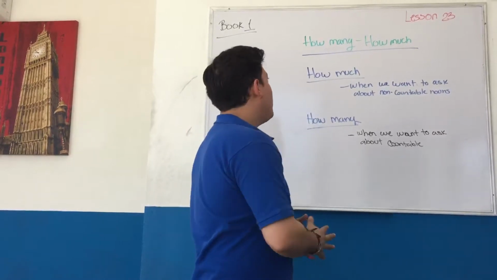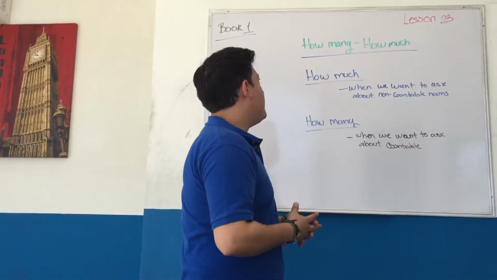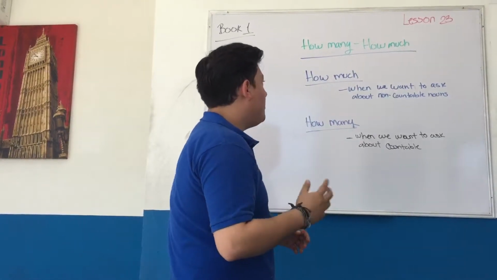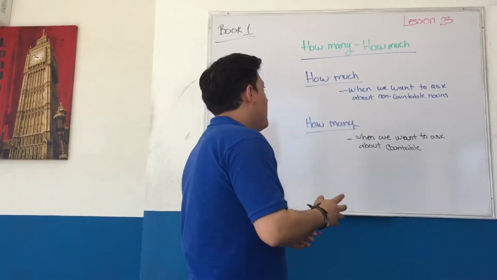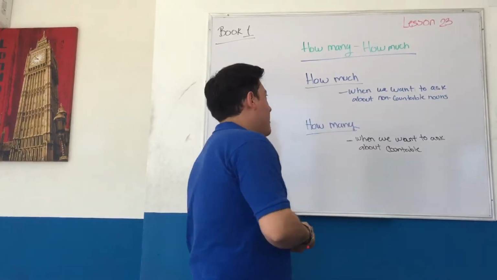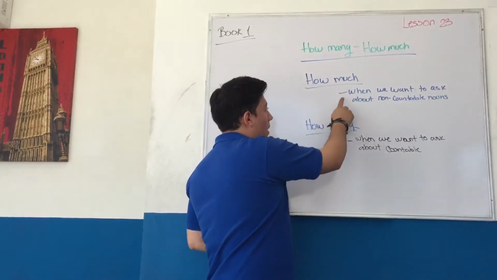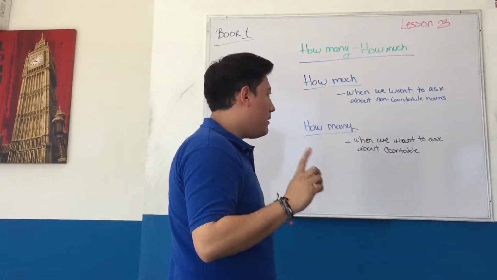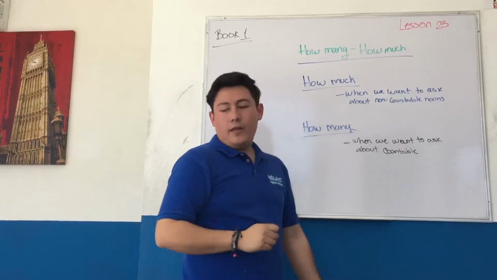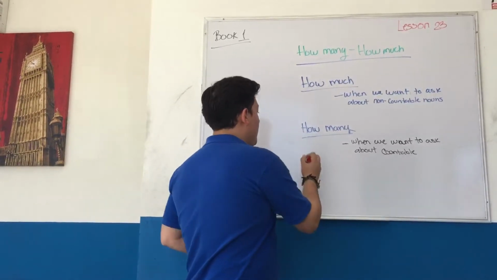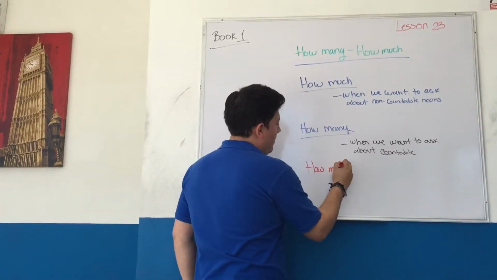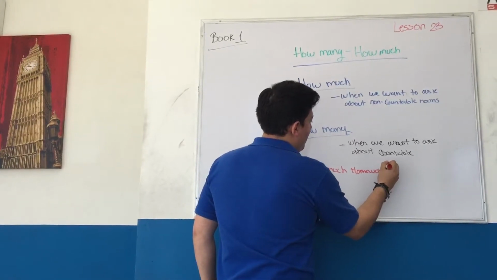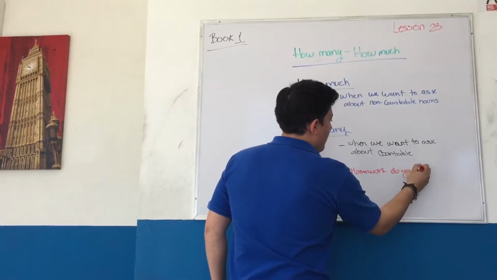Okay, we're going to talk about how many and how much. What is this? These phrases or words are used when we want to ask about the quantity of something. For example, we use how much when we want to ask about non-countable nouns. For example, how much homework do you have?